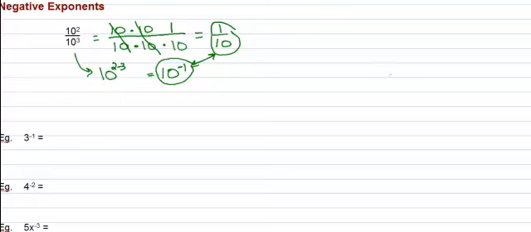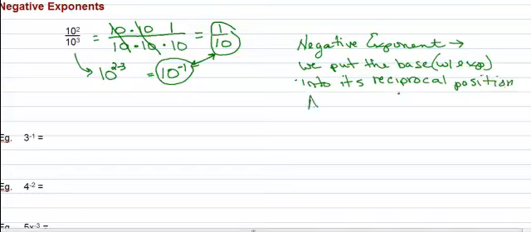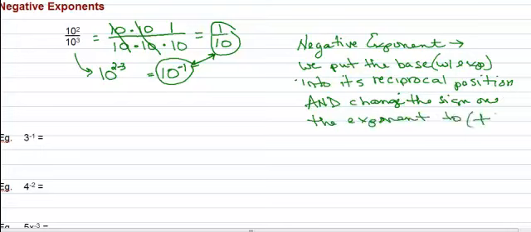So the rule, or the idea, that we want to get comfortable with is: when we see a negative exponent, we put the base with its exponent into its reciprocal position, and change the sign on the exponent to positive.